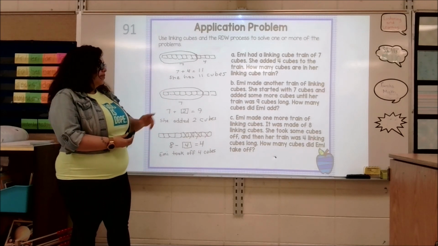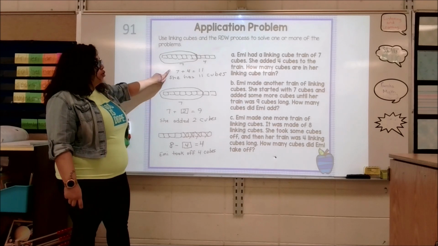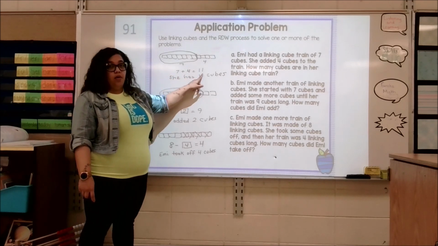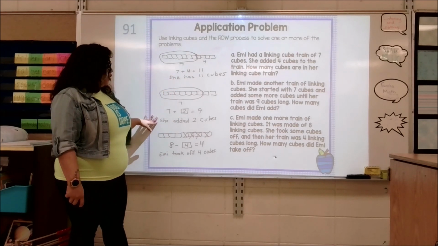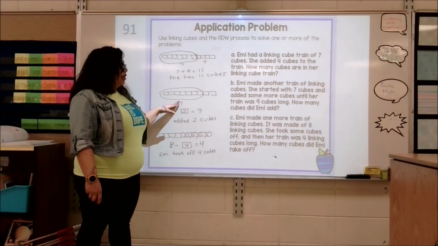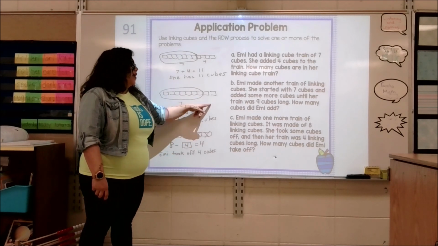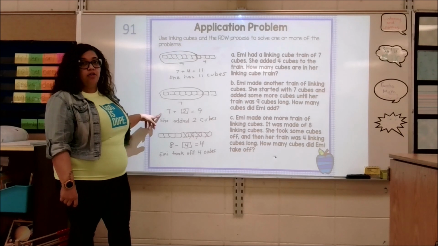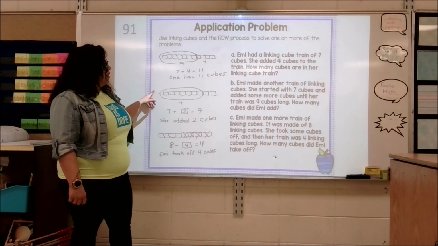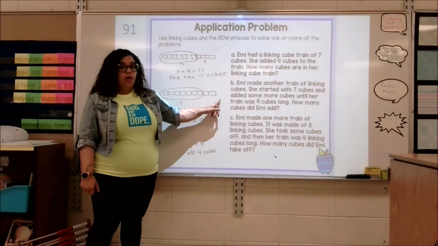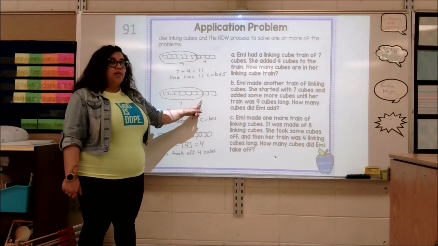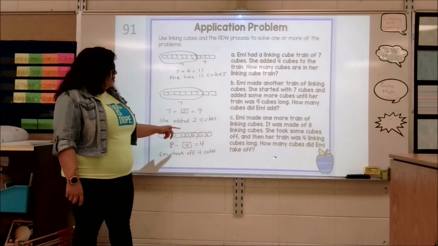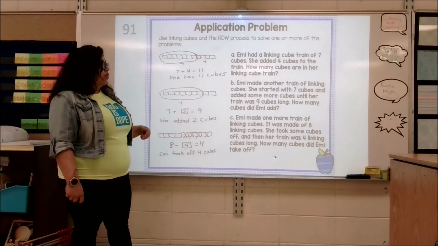In this question, we knew both parts and we needed to find the whole. In this situation, we had a part and the whole, we needed to find the missing part. Notice we see that in our number sentence. So we drew the whole, circled the part that we knew, and then counted to find the missing part.